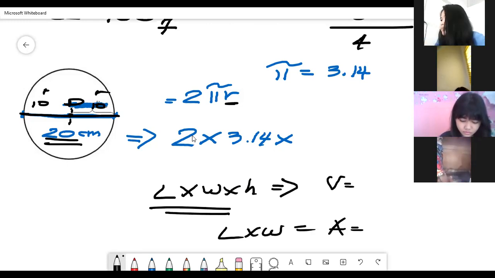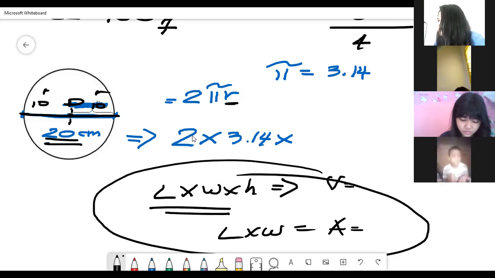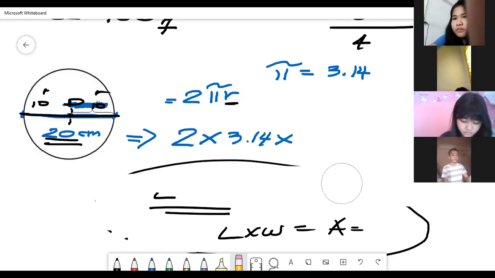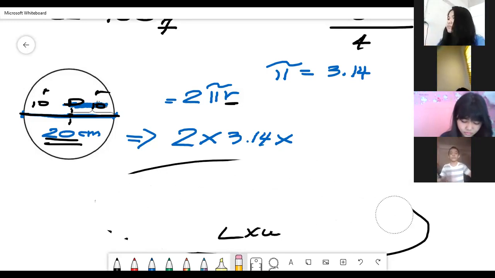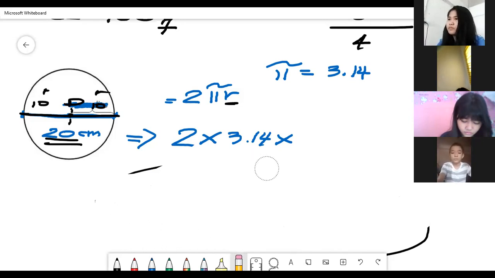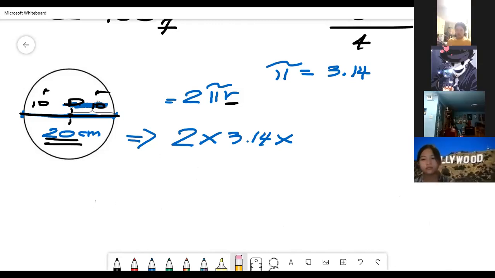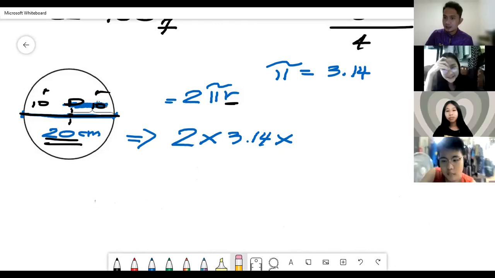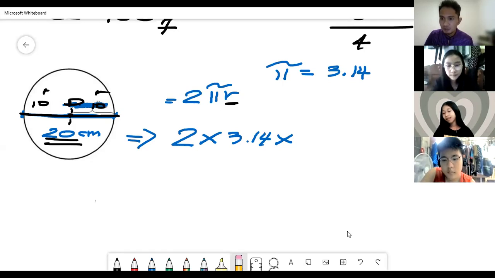These are what we call formulas. We use them so that we can get the value of the volume, the circumference, the area. So, do not change the 2 pi r.